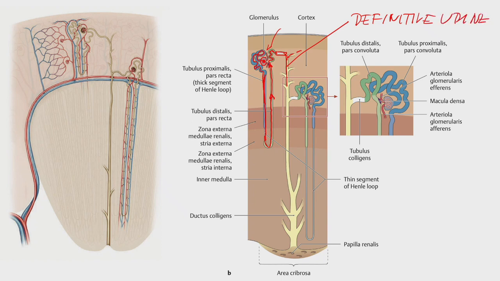So here we have blood, then here primary urine and definitive urine.